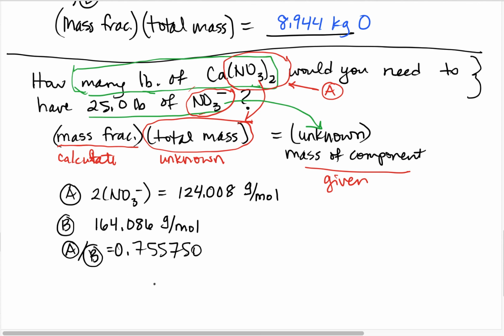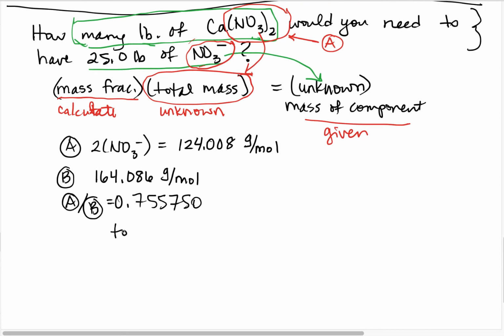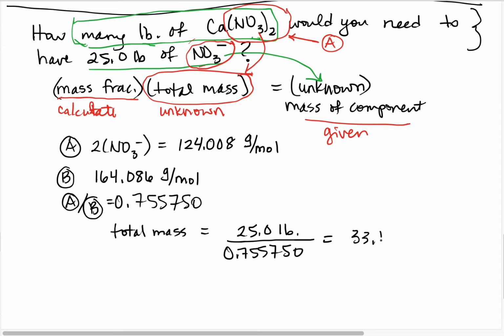So now when I solve for the total mass, I'm just taking the mass of the component, 25 pounds, which is given, dividing by that mass fraction, 0.755750, and that gets me a total of 33.1 pounds of calcium nitrate that I need to use in order for 25 of it to be nitrate.